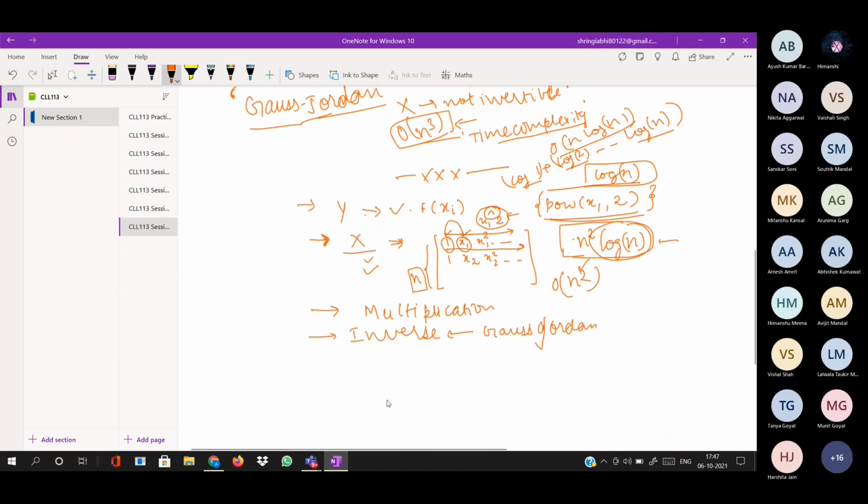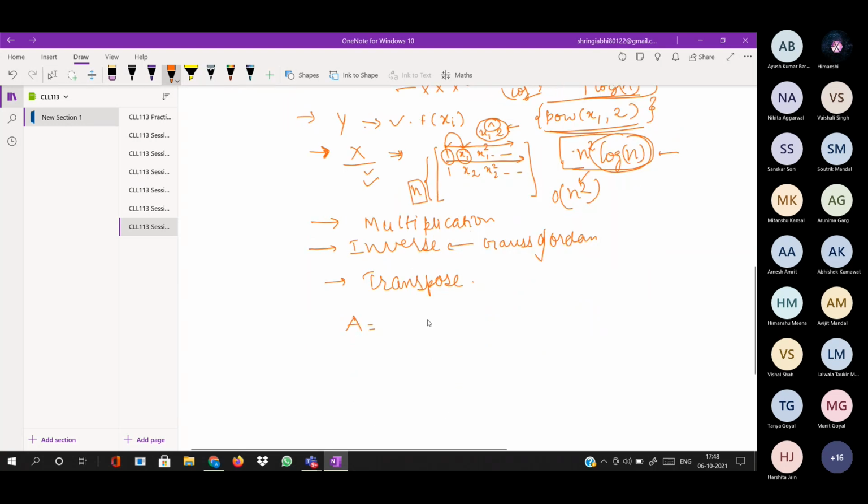Now, what else is left? Transpose is left. We will make the function of transpose also, and we'll finally execute our main code just like this: a equals whatever the formula, x transpose times x, whole inverse, multiplied by x transpose times y.